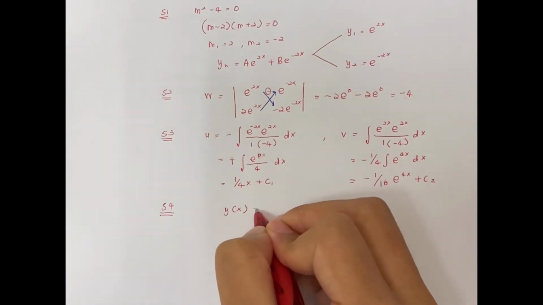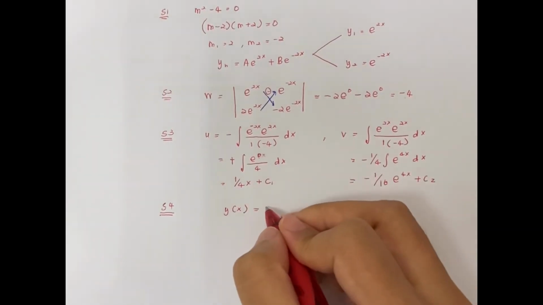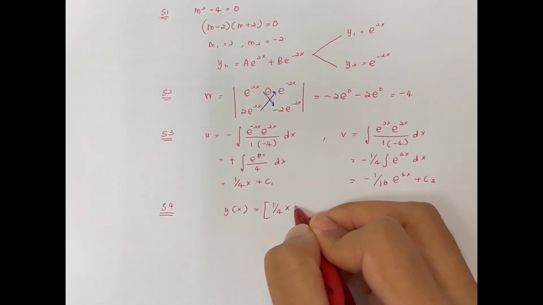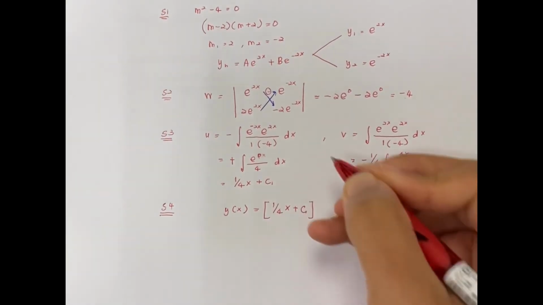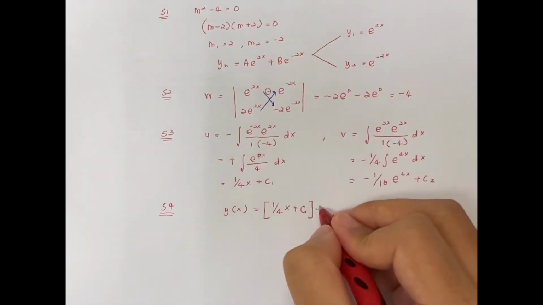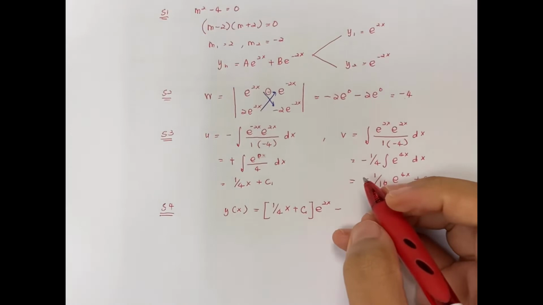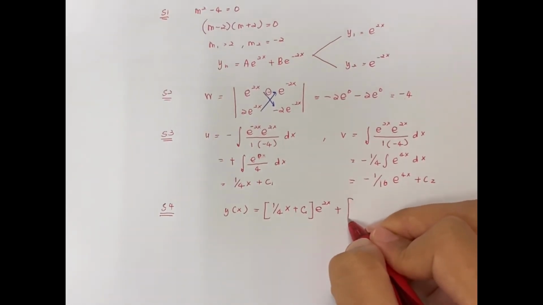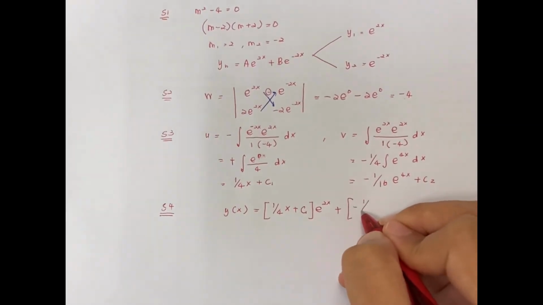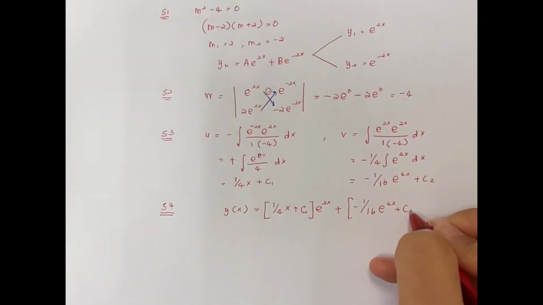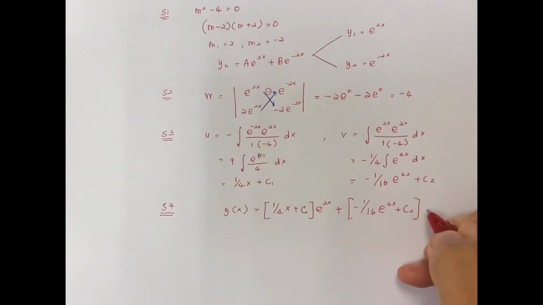Yx is equal to u, which is 1 over 4x plus c1 multiplied by y1 exponent 2x plus with your v, negative 1 over 16 exponent 4x plus c2 multiplied by y2 exponent negative 2x.